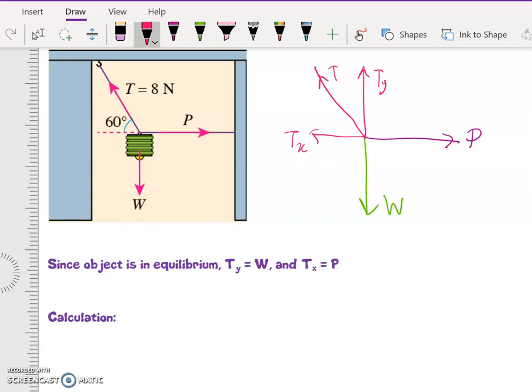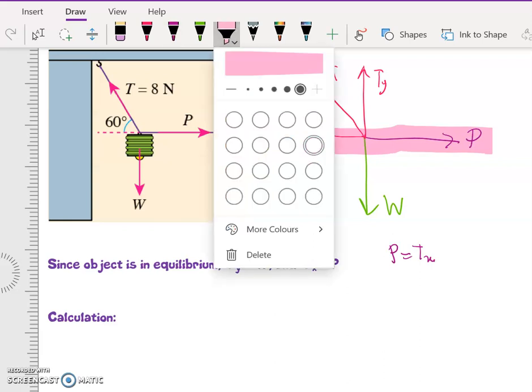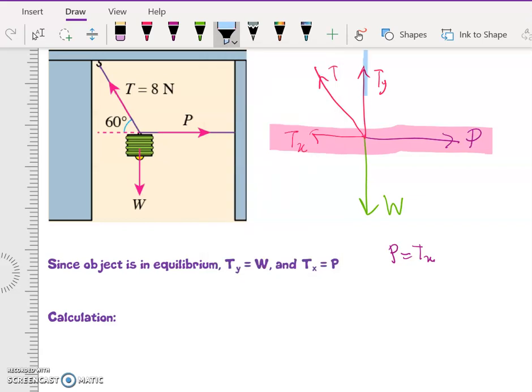Since the object is in equilibrium, since the lamp is not moving, then the horizontal components must be in equilibrium. Means P will be equal to Tx. And similarly, for the vertical component, Ty is in equilibrium with W. So Ty is equal to W. So to find P and W, you have to find Tx and Ty.